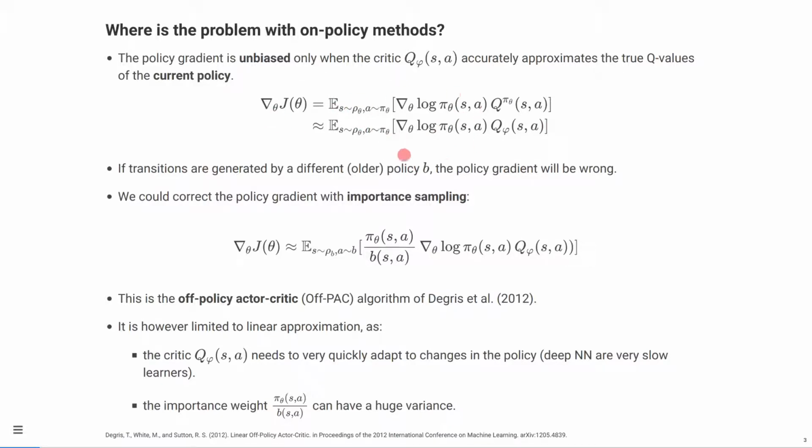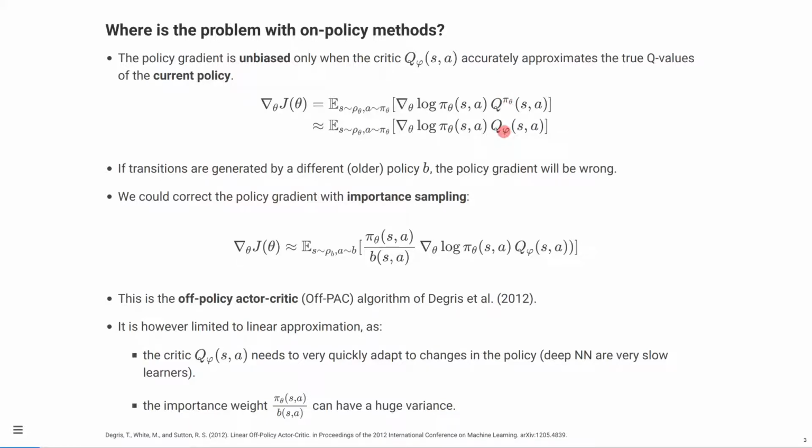And this explains why we have to be on policy, because in order to have a correct policy gradient, we need really good Q values. So the transitions which are used to train the critic must be close to the transitions that would be generated by the current policy.